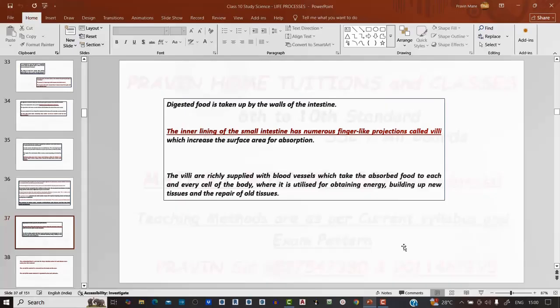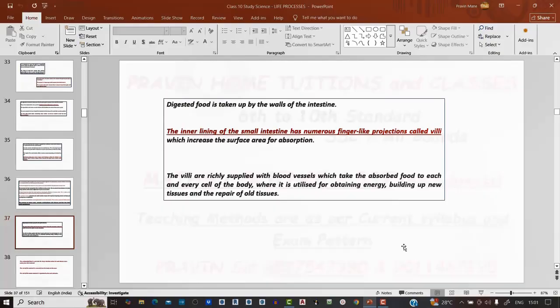Now, digested food is taken up by the wall of the intestine. The inner lining of the small intestine has numerous finger-like projections called villi. Villi are formed by blood vessels which take the absorbed food to every cell of the body.